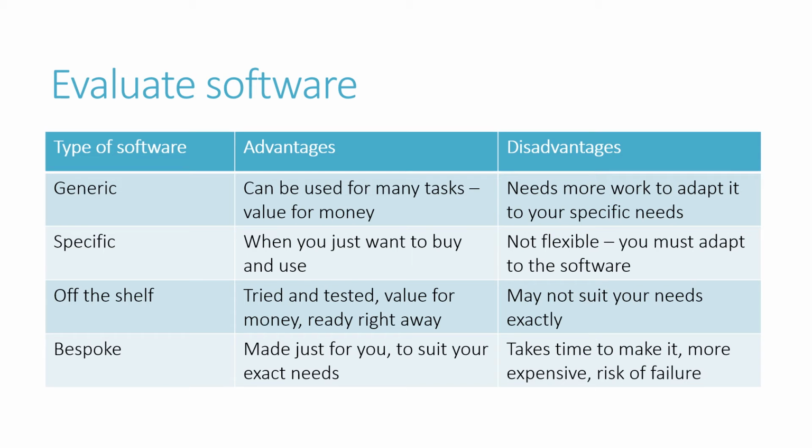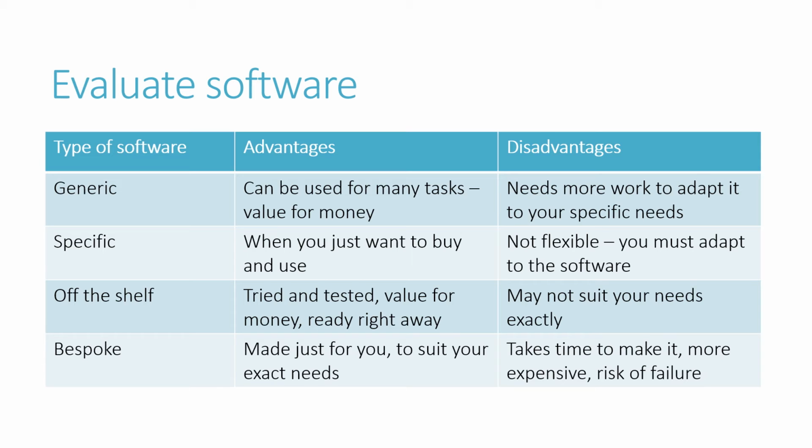Both of these are examples of off-the-shelf software. Off-the-shelf software is software that you buy, just generic or specific software that is available for sale on Amazon, let's say. That software has been used by millions of other people before you.